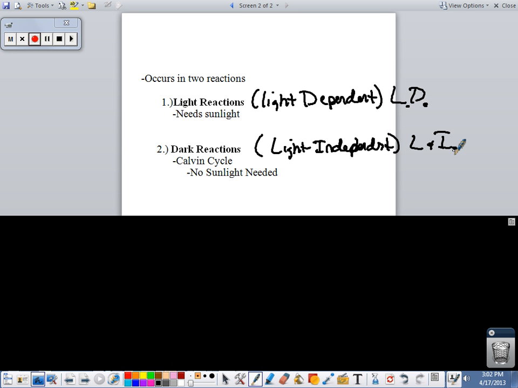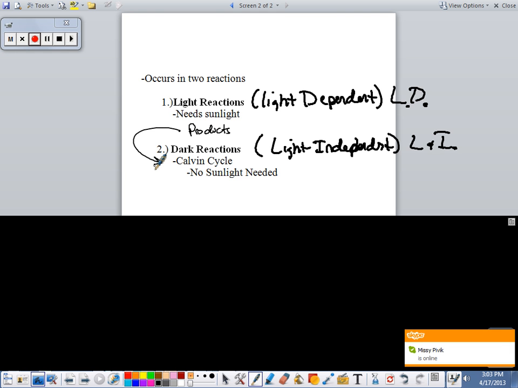The important idea to understand is that whatever's produced here, the products, drive these. The light reaction makes most of the particles or compounds that are needed. Then the dark reaction uses them, but it doesn't necessarily need sunlight. That part of the dark reactions where glucose is made is called the Calvin cycle.